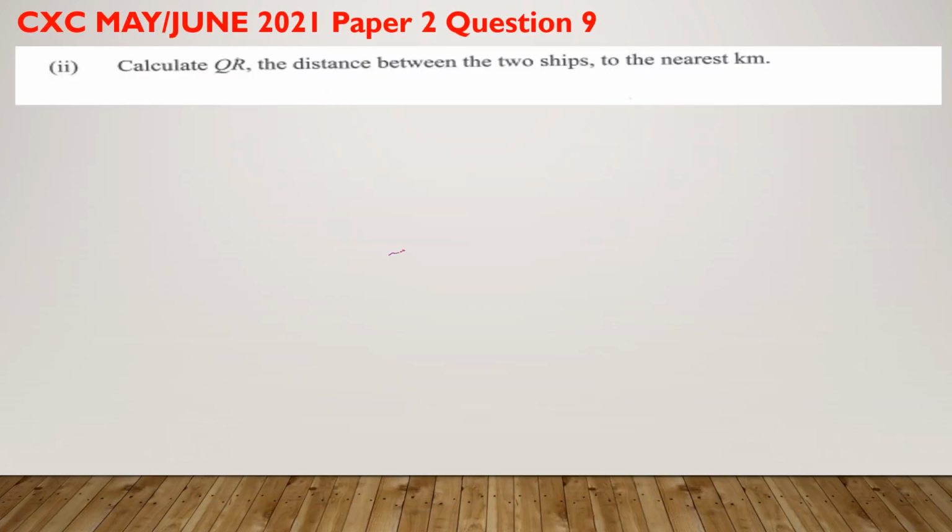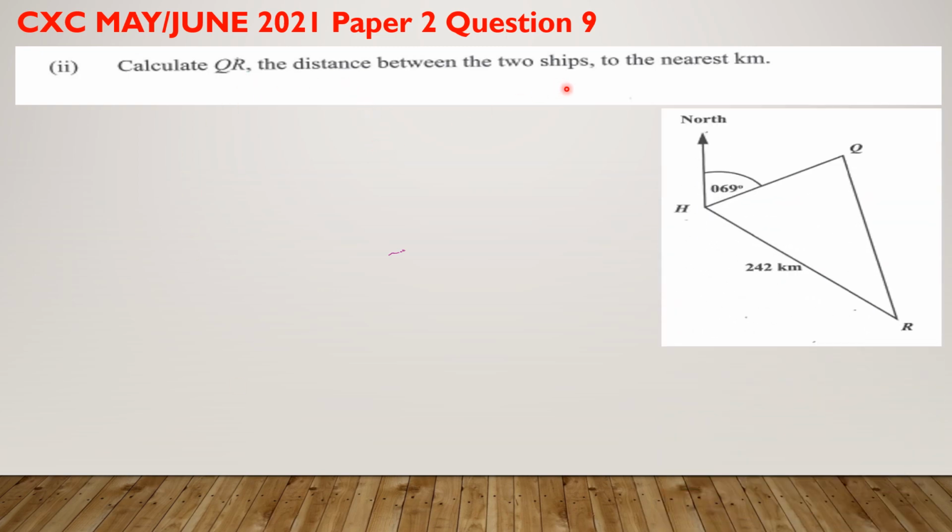So here we have part 2 of the question, where we are asked to work out QR, the distance between the two ships to the nearest kilometer.